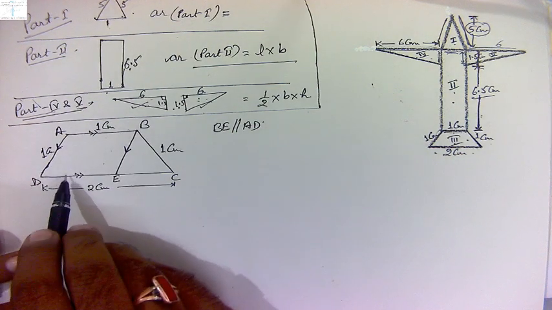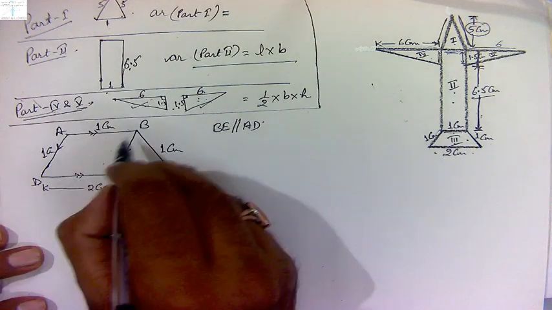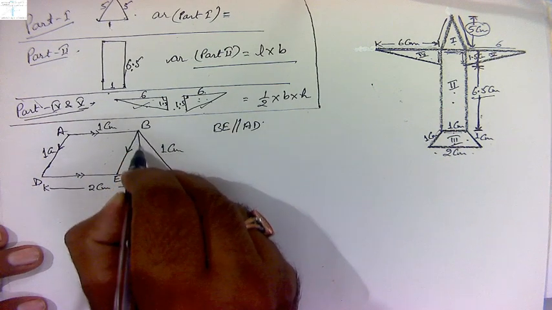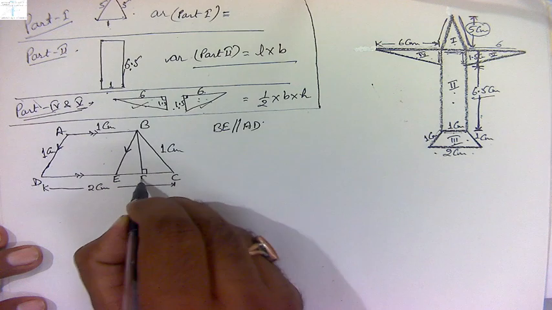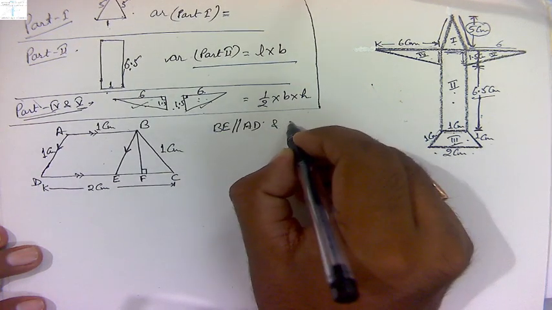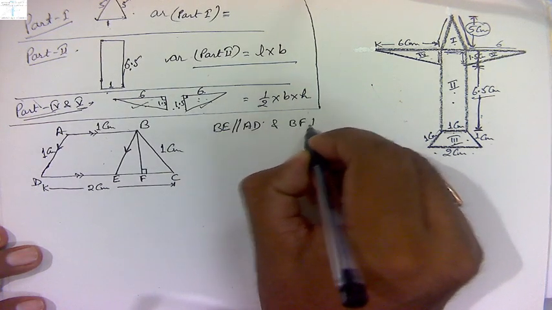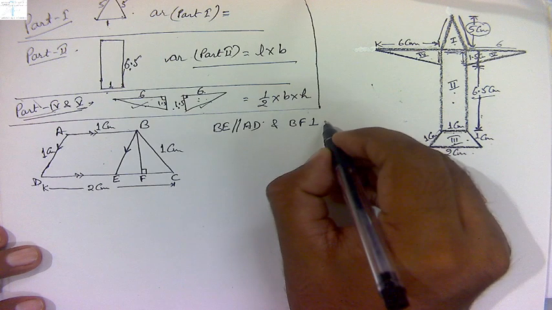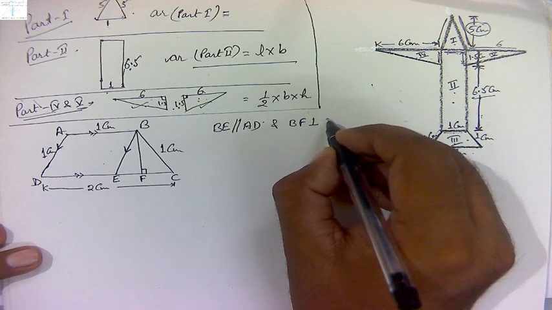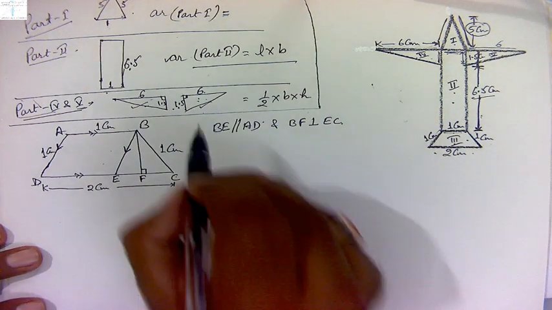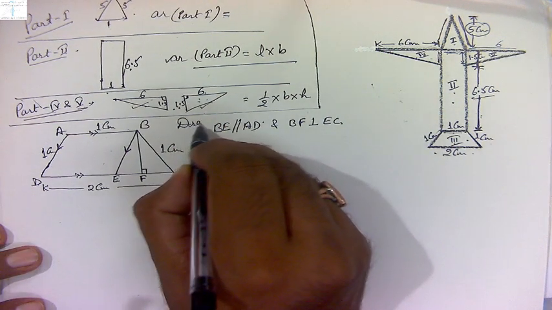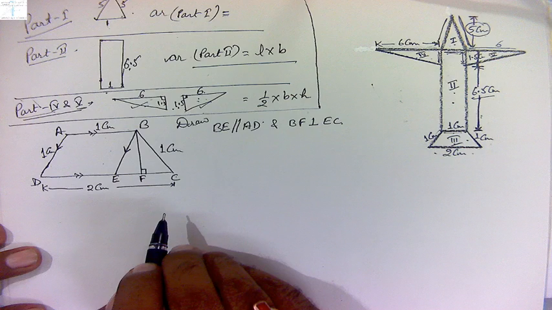It becomes a parallelogram. And even draw a perpendicular from here. So BF perpendicular to say DC, or you can even take it perpendicular to EC. So this we will draw.